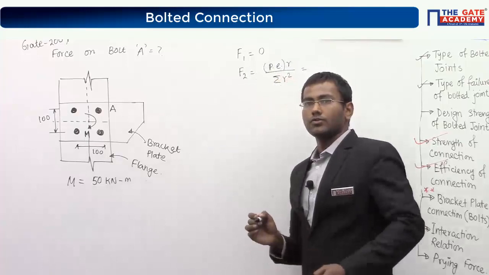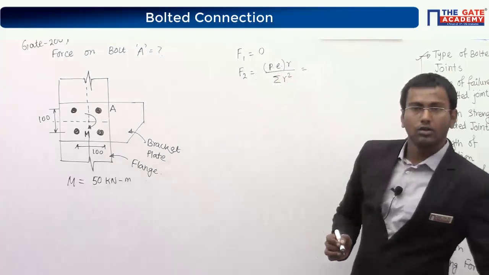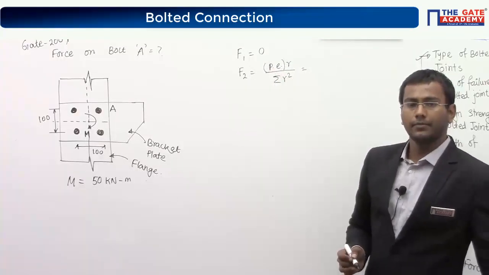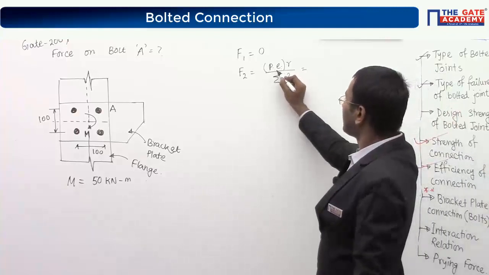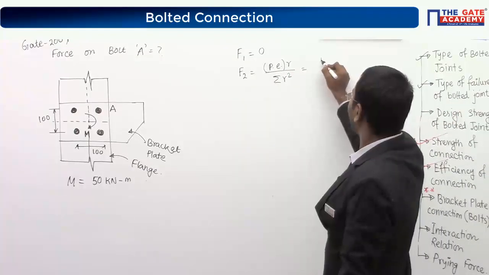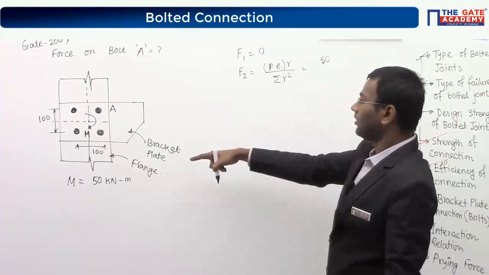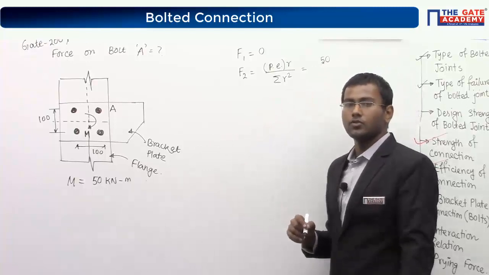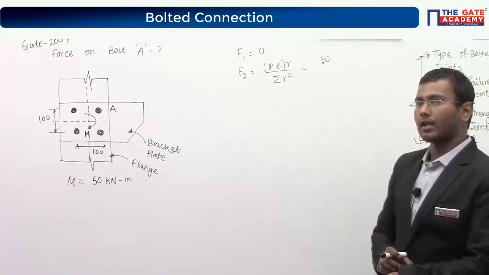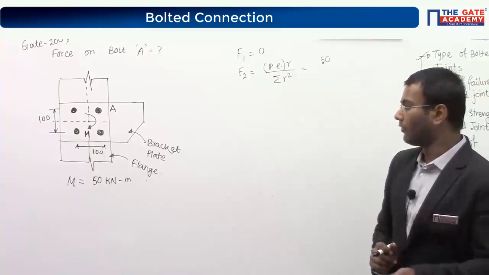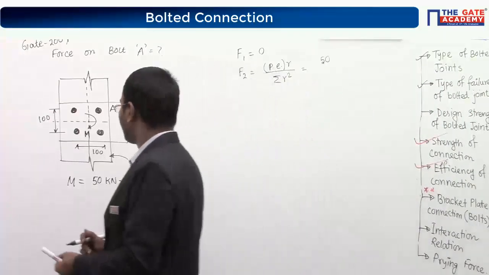Now when I consider P into E, what is your bending moment? So I can say 50, which is in kilonewton meter. So can I make it in terms of kilonewton millimeter?